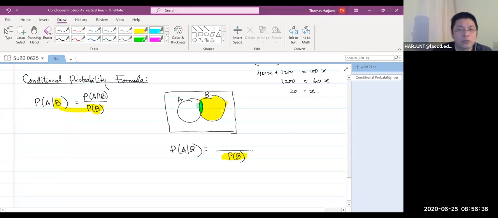That part is actually the intersection. That's how we get that formula.